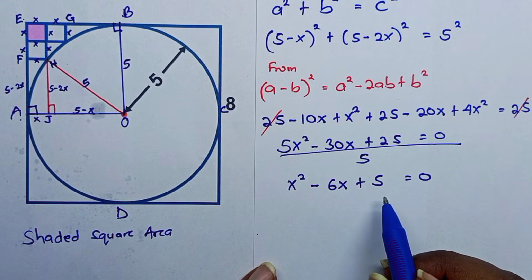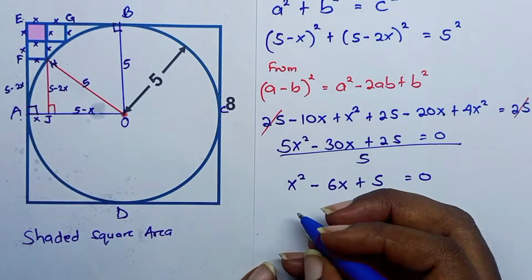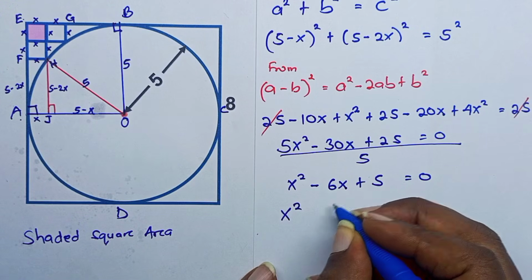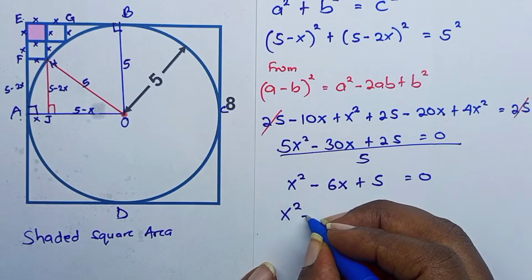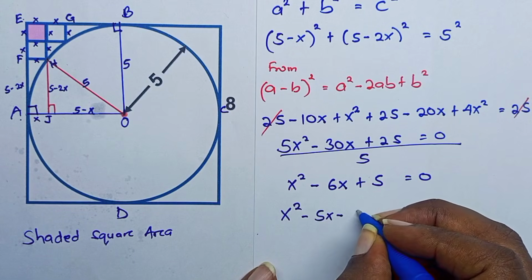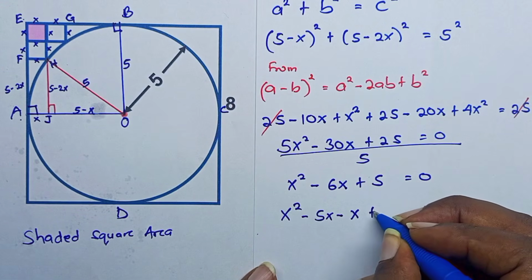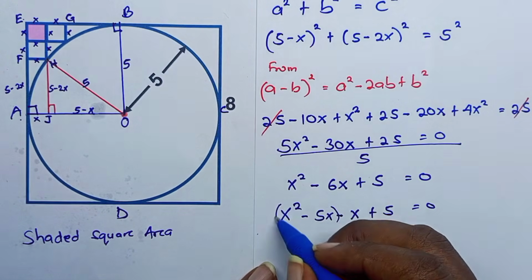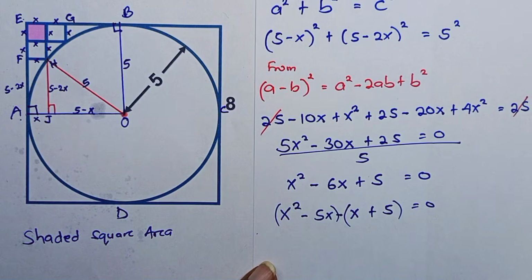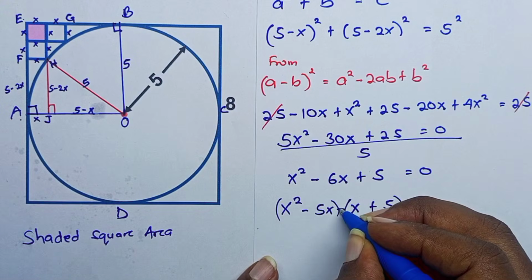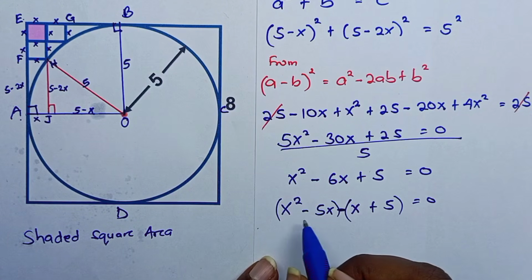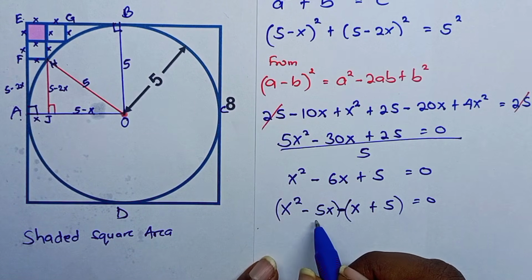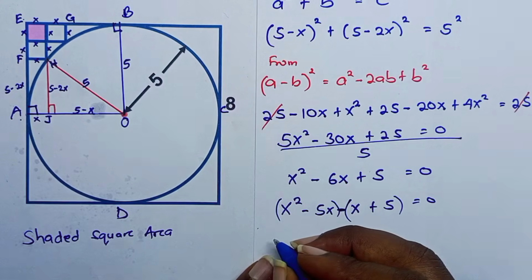So we come up with a quadratic equation and we're going to solve it by factoring. So x squared, now minus 6x is the same as minus 5x minus x, then plus 5, this is equal to 0. So we put this together and this together. In this bracket, we can see that x is common, so we factor it out.